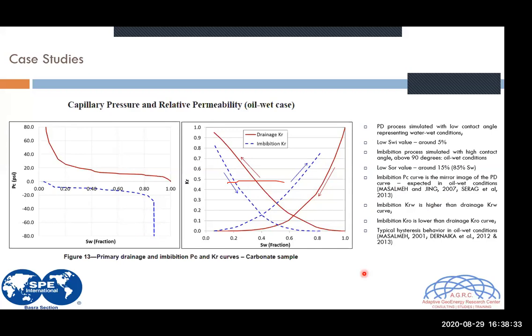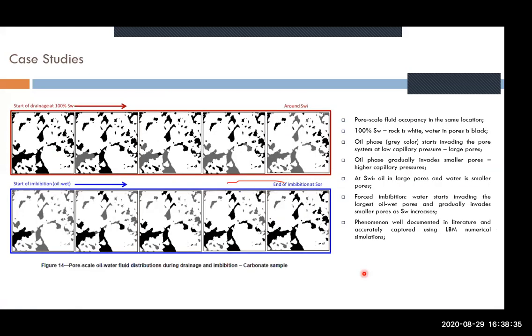Here, from the pore scale perspective, we could honor what we saw in the physics behind the problem. We could perform the primary drainage, and then in black here you see water, and then oil is displacing the water, and in some regions here you keep the water, and we got the irreducible water saturation.